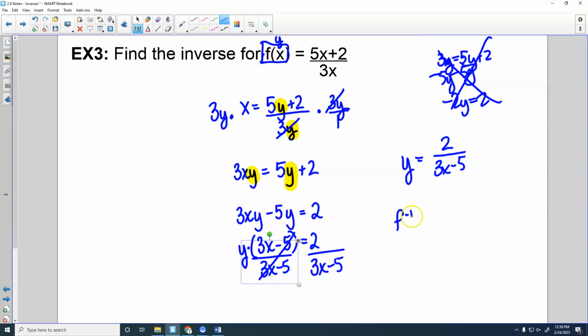They probably would turn it back to inverse notation. So when you see these with fractions and more than one y, this is the general strategy: multiply by the denominator, move all the y's to one side, factor it out, and divide.